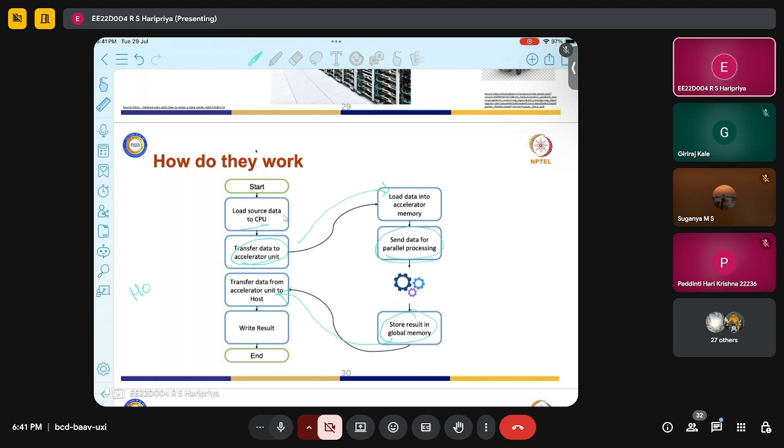The host we call the CPU and the device is our GPU. So the compute intensive tasks are offloaded to this GPU.